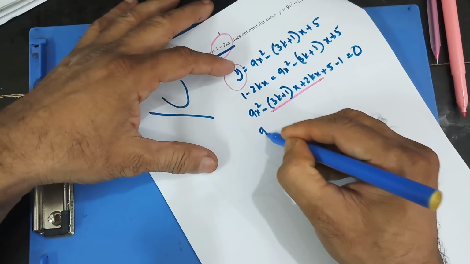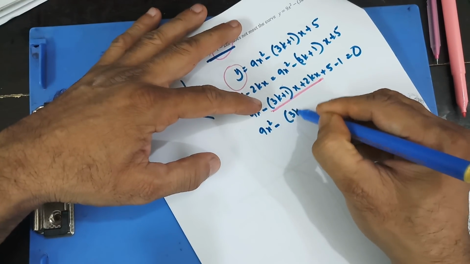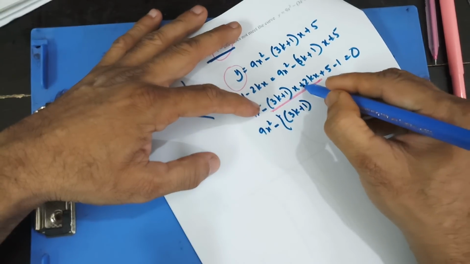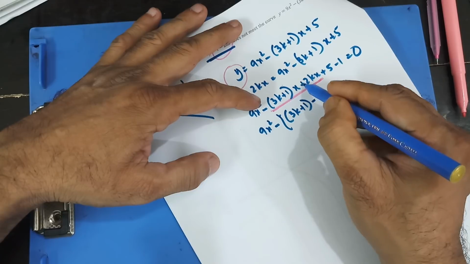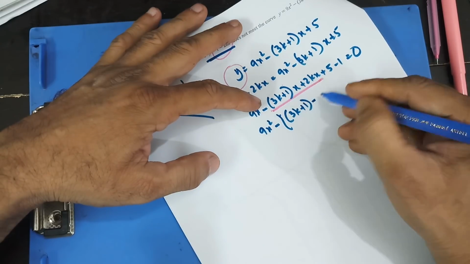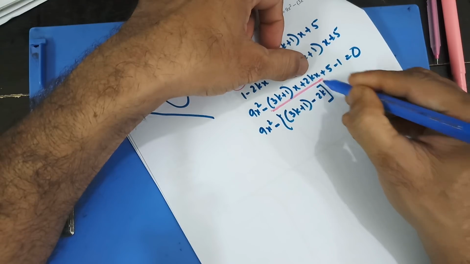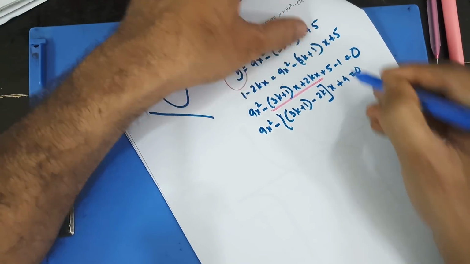So I'm going to take x common. When I take x common, it's going to be minus (3k plus 1), and since I have taken minus common, this thing becomes positive, and this sign is going to be negative. And if I take x common, it's going to be 2k, close bracket, then x, and this is going to be plus 4 equal to 0.